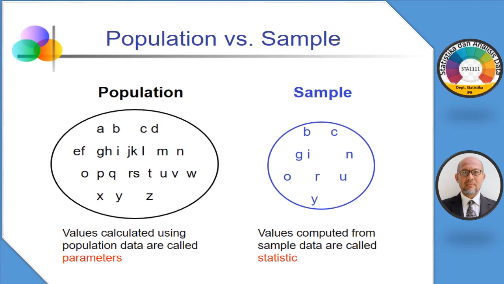Of course, the population size is bigger than the sample size. Based on the population's data, you can calculate and you will get parameters. From sample data, you calculate a value, the mean for example, median, or standard deviation, and then you call it a statistic. Again, a statistic is an estimator of a parameter. Okay.